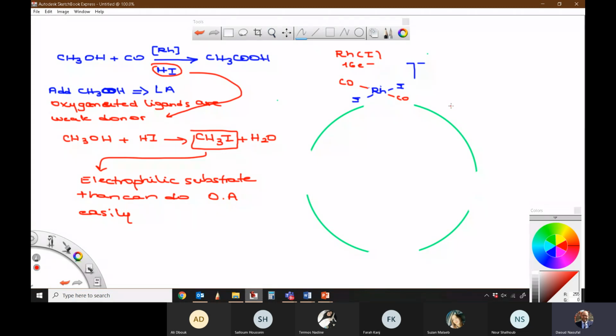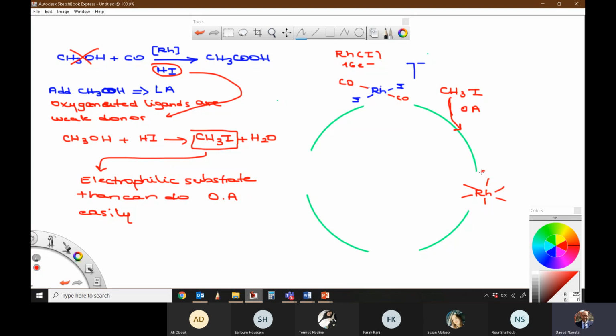The first step is oxidative addition of CH3I. So I add the first reactant. By oxidative addition, we obtain rhodium 3.